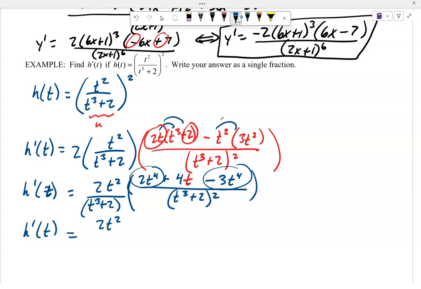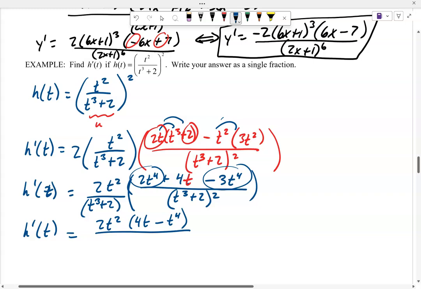So inside I've got minus t to the 4th, all over this t cubed plus 2, and that's now to the 3rd.